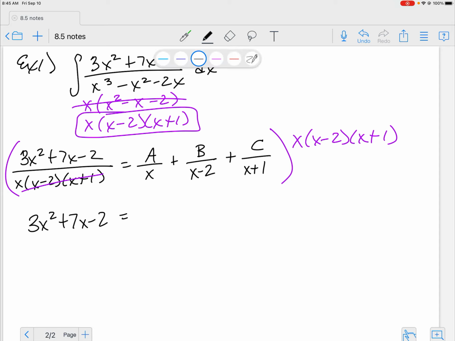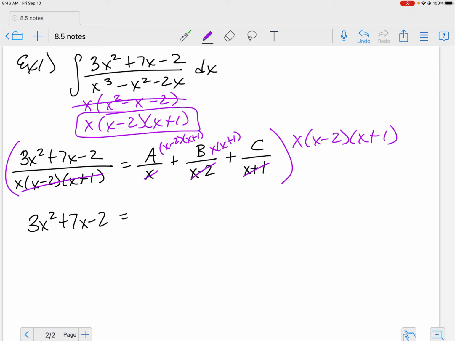Then over here, this x cancels out with this x, but I have these left over. So I'm going to write it as x minus 2, x plus 1.